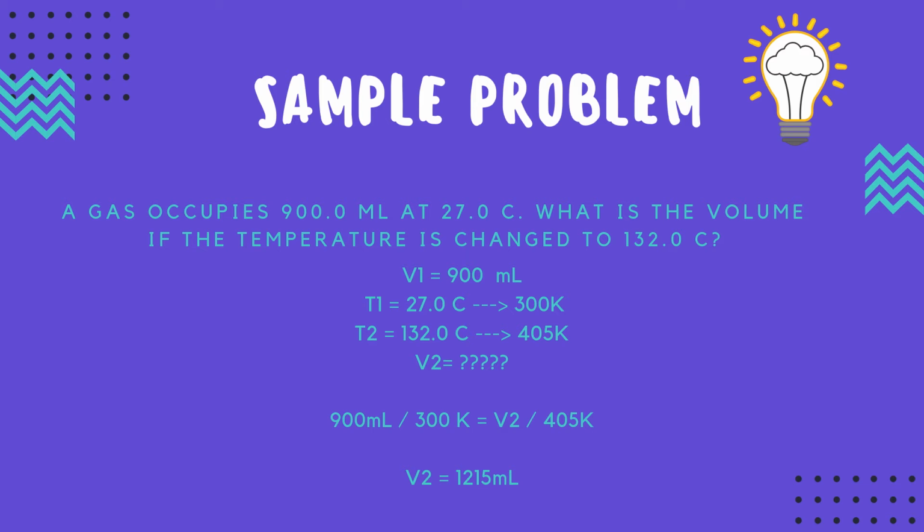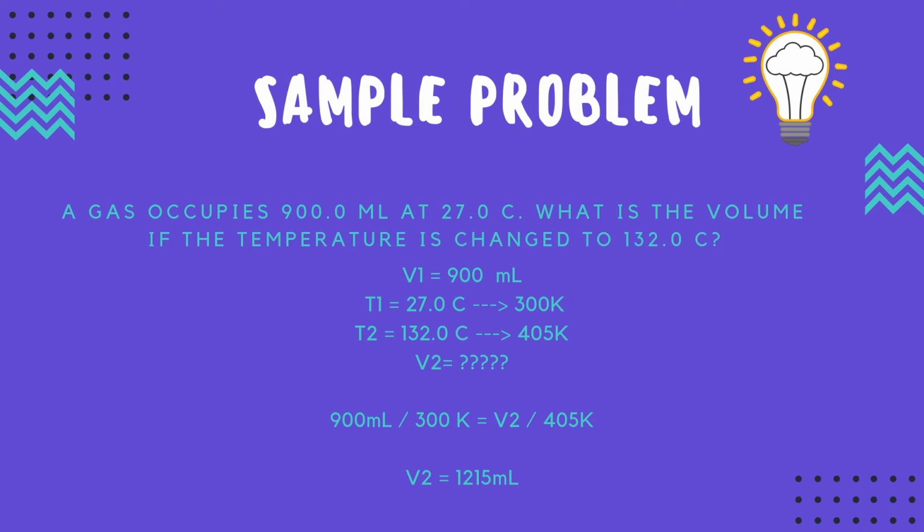First of all, we have to convert our temperature from Celsius to Kelvin. It's very simple. All you need to do is add 273 to your given Celsius. So, 27.0 degrees Celsius plus 273 gives you 300 Kelvin, and 132 degrees Celsius plus 273 gives you 405 Kelvin.